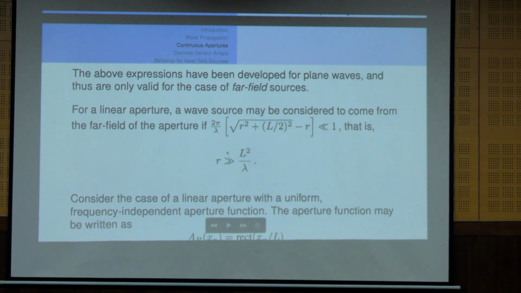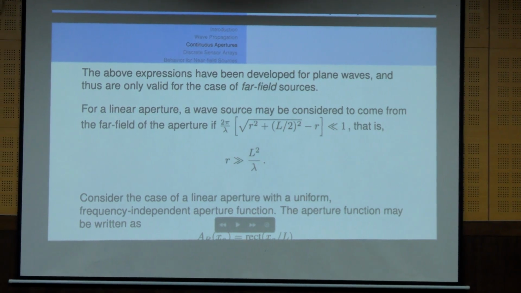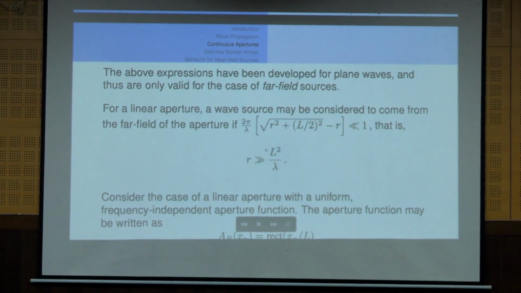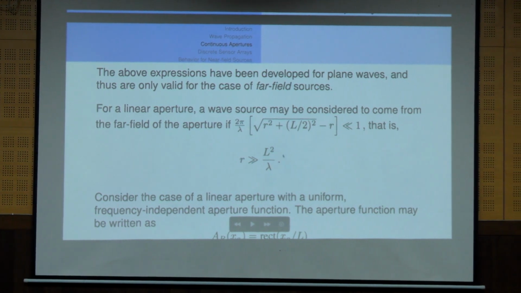Sometimes you can approximate that if the frequency is low and lambda is large, it can be considered as far field, like a plane wave for low frequencies. But if you increase the frequency, then with the same size of the aperture it's not anymore. So for high frequency, it will be considered as near field. So pay attention to that. It depends on the frequency.